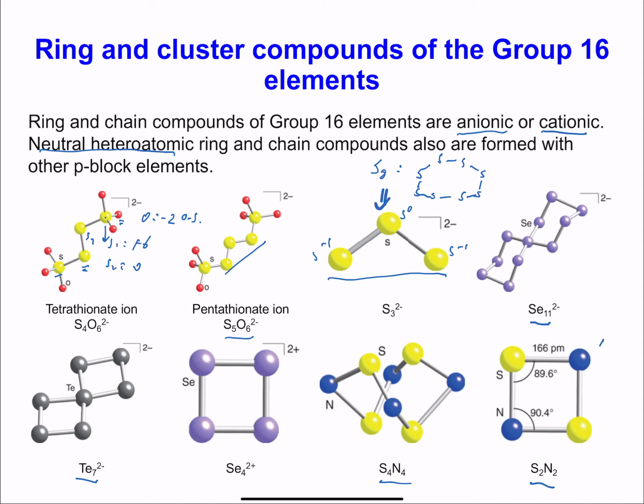Because nitrogen has larger electronegativity than sulfur, we treat nitrogen as negative charge and sulfur as positive charge. So in this one we can code this as +2 and -2.